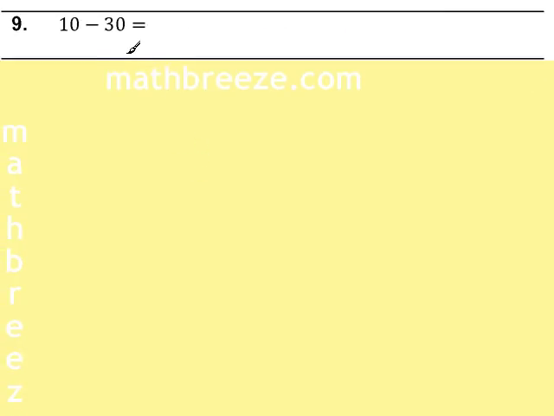In number 9, we have 10 subtract 30, so we're going to view this as 10 plus the subtraction symbol we're attaching to the 30. And we're going to subtract 30, subtract 10 is 20, and the bigger is negative, so that would be a negative 20.